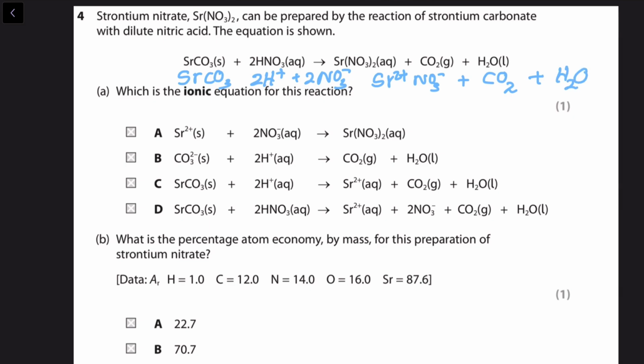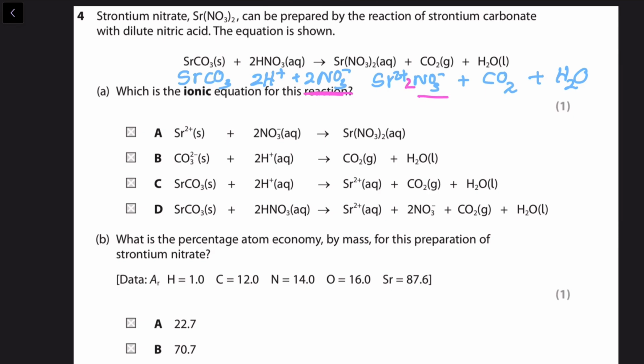Okay, now identify the spectator ions. Spectator ions are present on both sides of the reaction. Nitrate is a spectator ion. You can see nitrate is present on both sides of the reaction. There are two nitrate ions.